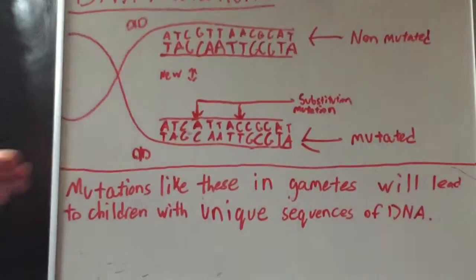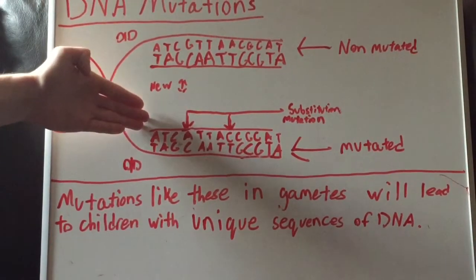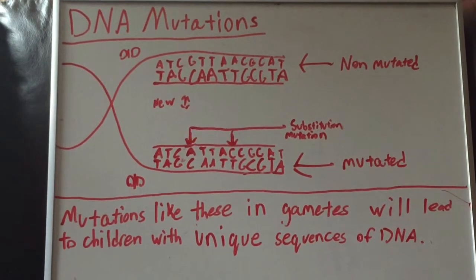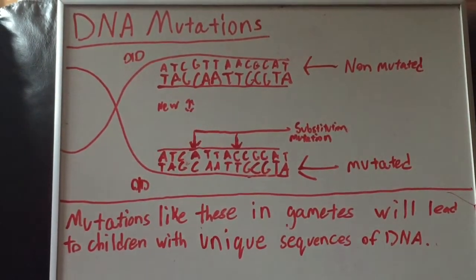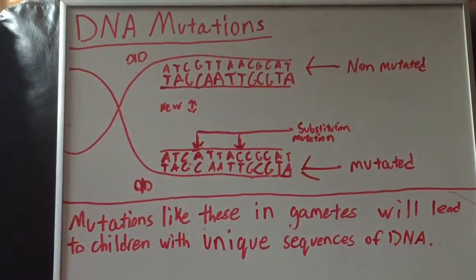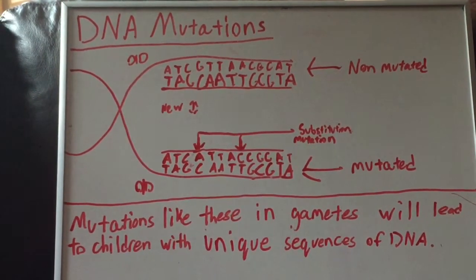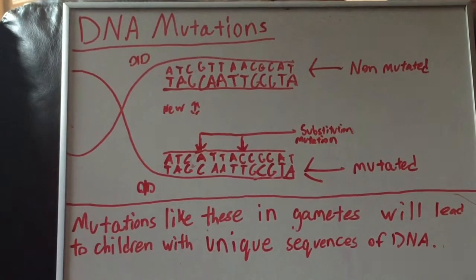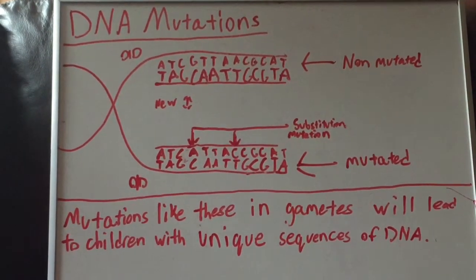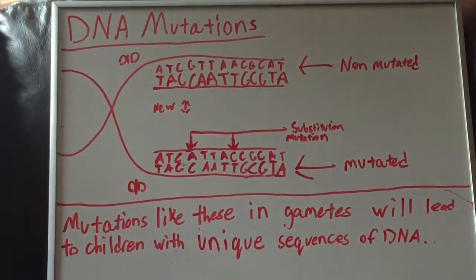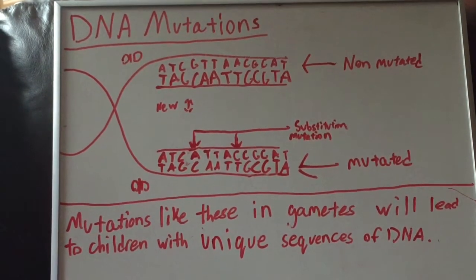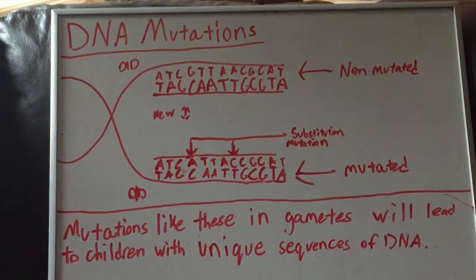So, for example, if this mutated sequence was part of a gamete that would fertilize or be fertilized by another gamete, then that offspring would have different DNA from the twins. The odds are that the other twin wouldn't have had the same mutation, so the children would not have identical DNA sequences.